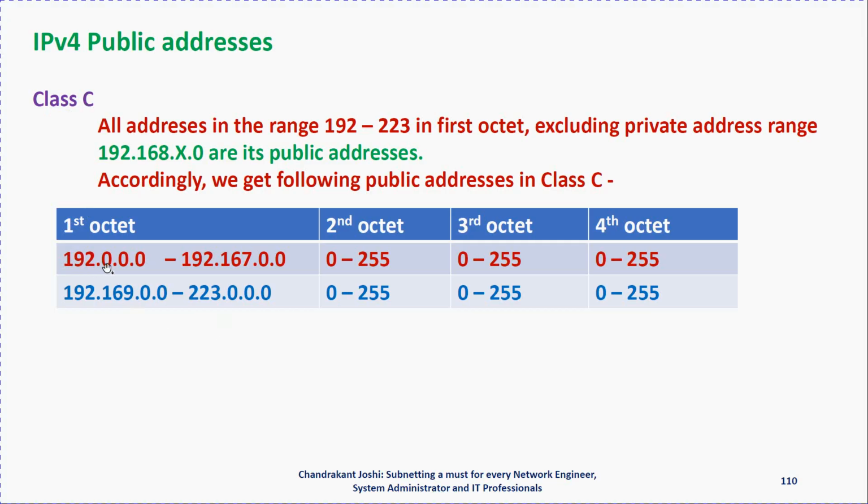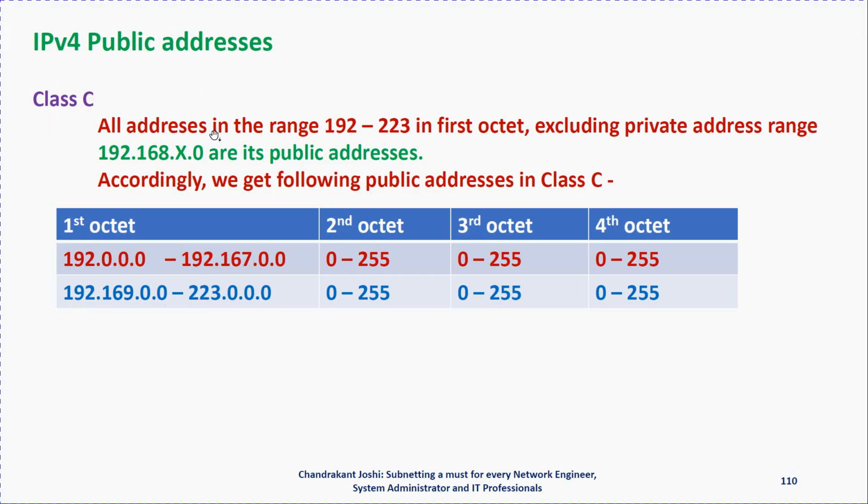So 192.0.0.0 through 192.167.0.0, because 168 is private, and then again start from 169.